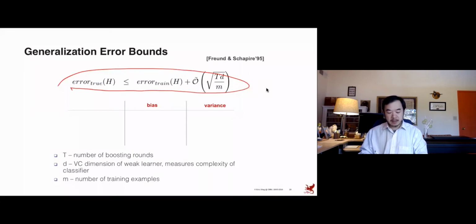Basically, whenever people learn a hypothesis H, and then you want to measure its error on a data set you haven't seen before, which is known as the generalization error, the error comes from two parts. One is known as the empirical error, the training error. You need to account for the error that you cannot overcome already on training.